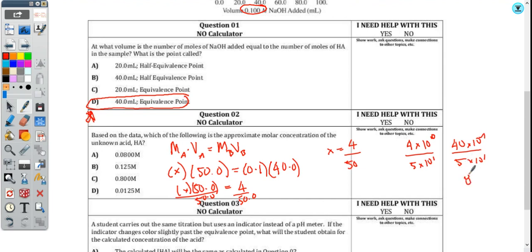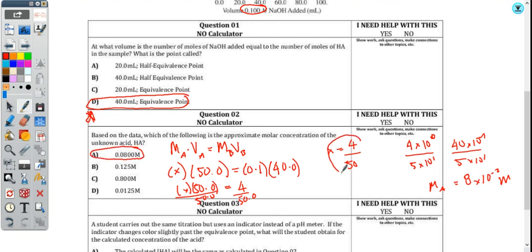And then we're going to have 10 to the -2 as our molar concentration of this acid. The molarity of the acid is 8 times 10 to the -2, or 0.08 molar.